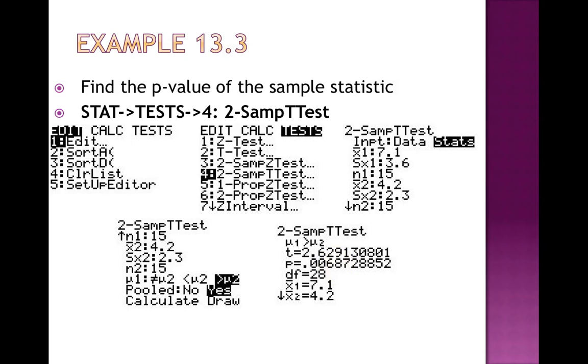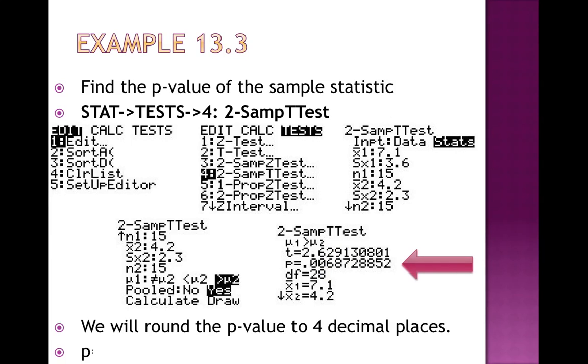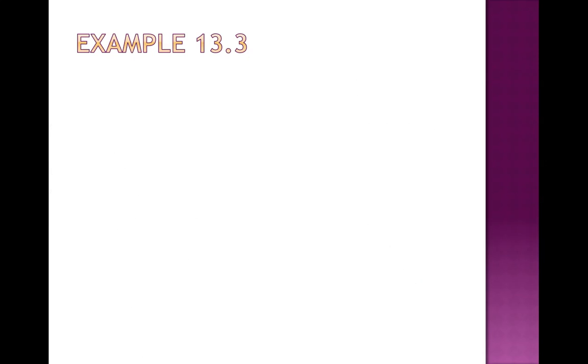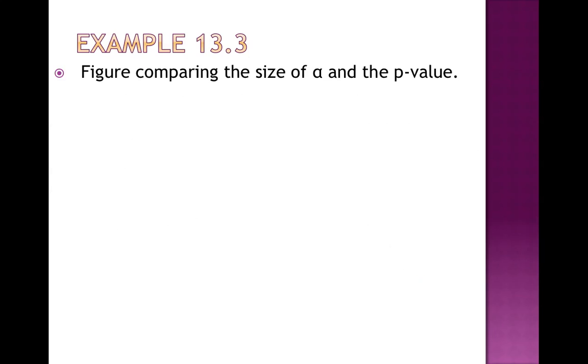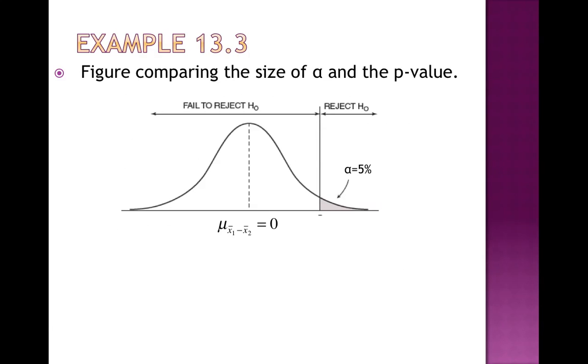So that gives us enough information to come to a conclusion. Our p-value is 0.0069. That is smaller than alpha, and so we're going to be able to reject the null hypothesis. So if we compare alpha and the p-value, alpha is 5%, our p-value came out smaller than 1%.